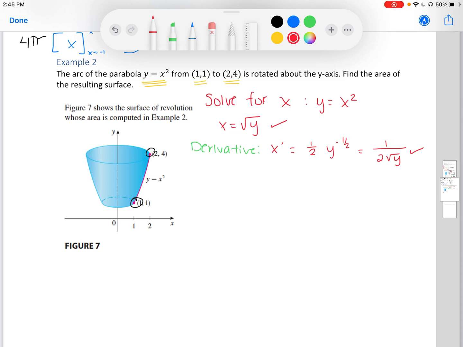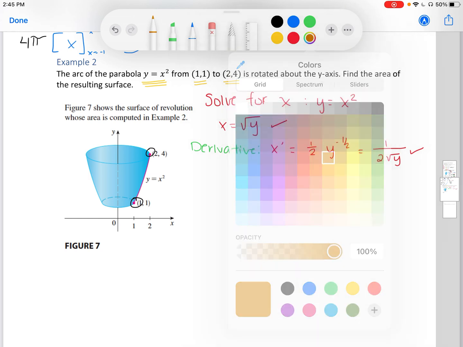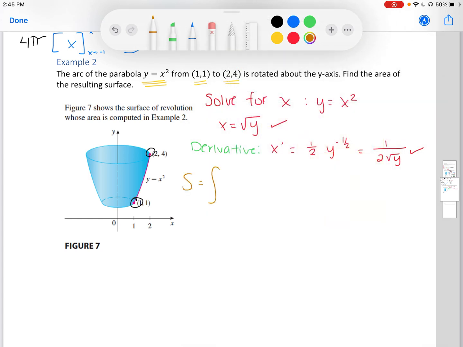So our formula reads s is equal to the integral from d to c of 2 pi f of y times the square root of 1 plus f prime of y squared dy. So the only parts we really need to input are our function, our derivative, and our limits for our integral. Let's go ahead and do that.